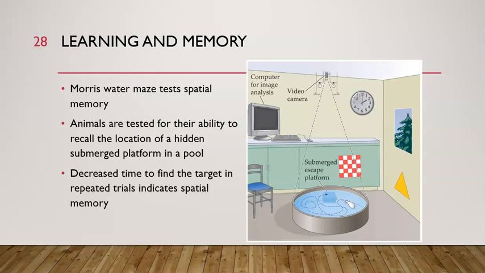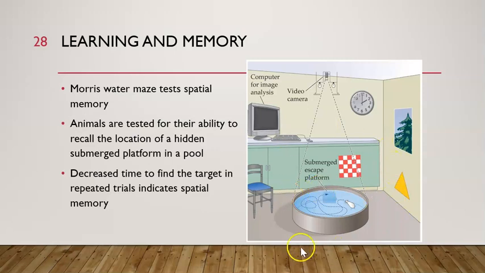So first, we have different types of learning and memory mechanisms or tests. One of the most famous would be the Morris Water Maze spatial test. Again, you should have learned about this one before, but for those that need a refresher, there's a water maze down here. It has murky water in it so that the rat or animal can't see through the water. And then there's a platform somewhere hidden in the tub that if they swim around to, they can stand on and, not have to swim.